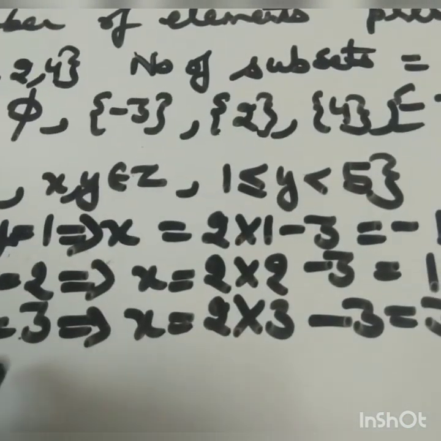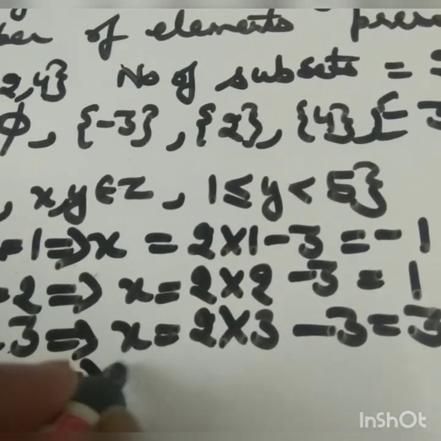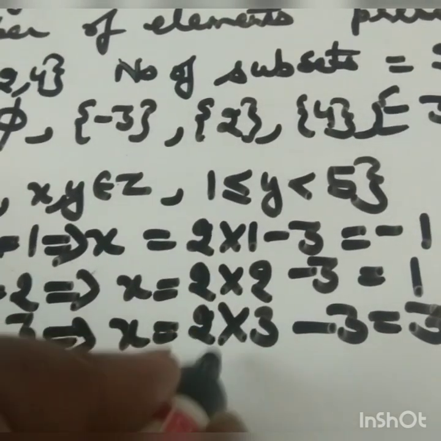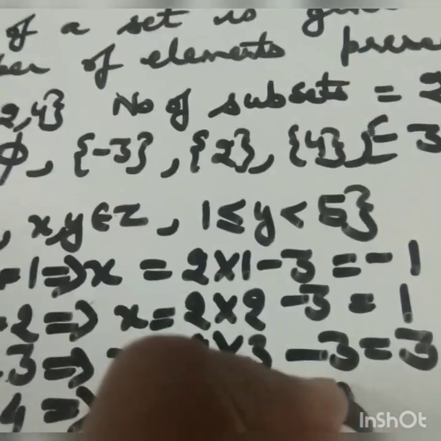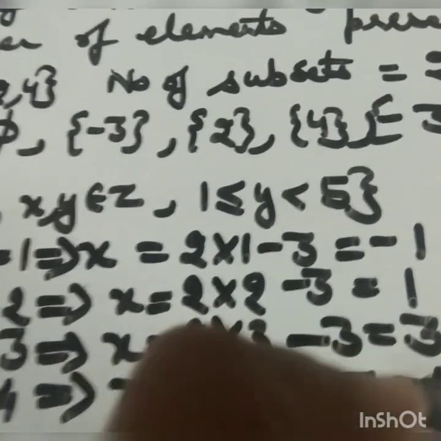And y equals 4 implies x equals 2 fours are 8, minus 3, equals 5.